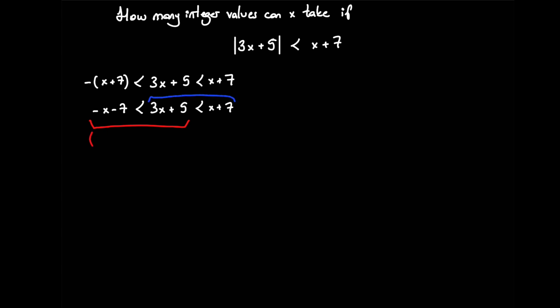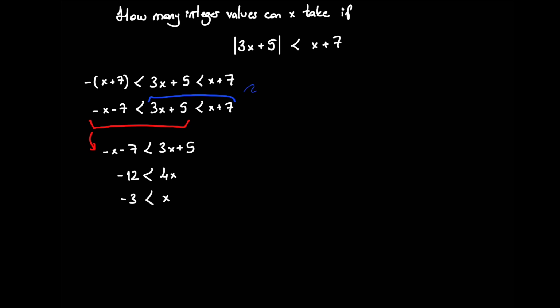First, let's solve this one. Minus x minus 7 is less than 3x plus 5. So I will pass minus x to the right hand side of the inequality and 5 to the left hand side of the inequality. I will have 4x is greater than minus 12. I will divide both sides of the inequality by 4 and I will get x greater than minus 3.